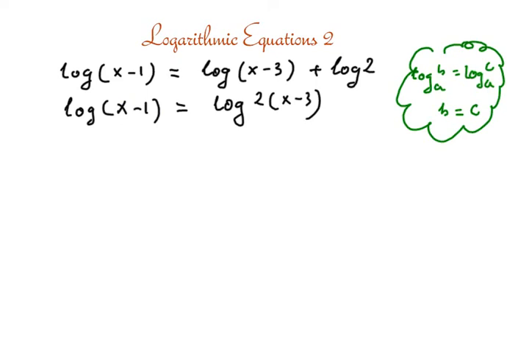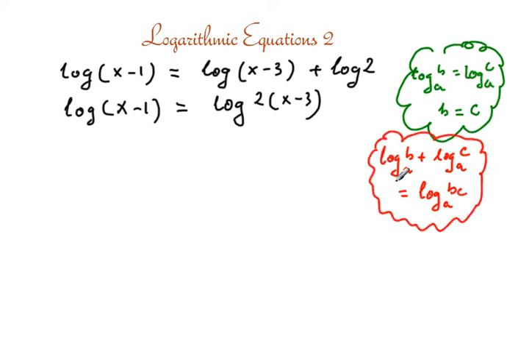The product rule, I'm going to quickly show you: log to base A of B plus log to base A of C is equal to log to base A of B times C. So this is another rule that we have to be aware of.